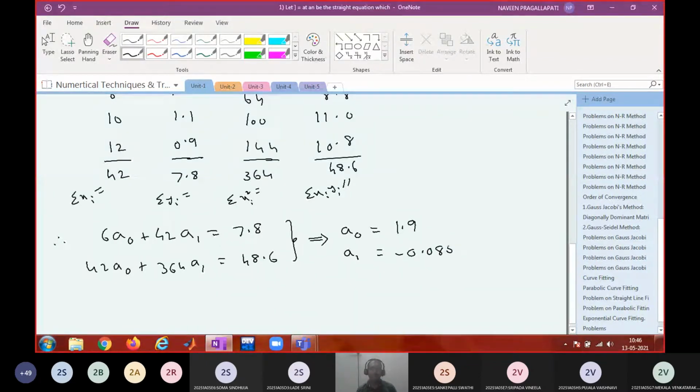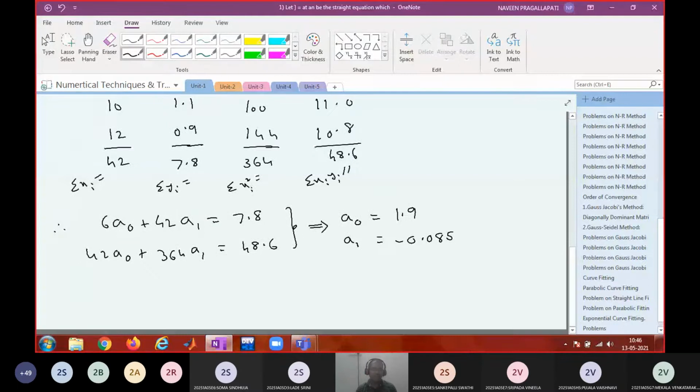Okay. Therefore, what is the equation? Therefore, the straight line equation is y equal to a0 plus a1x, 1.9 minus 0.085 x. Now you are asked to predict the y value at x equal to 5.